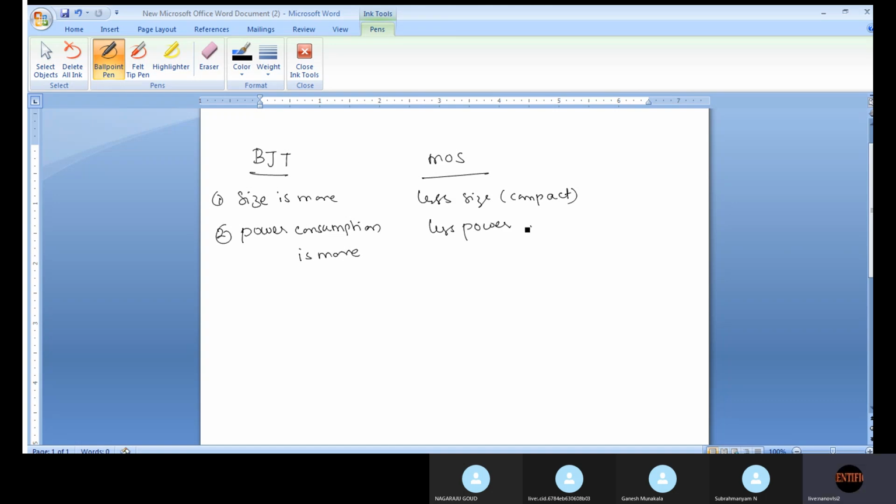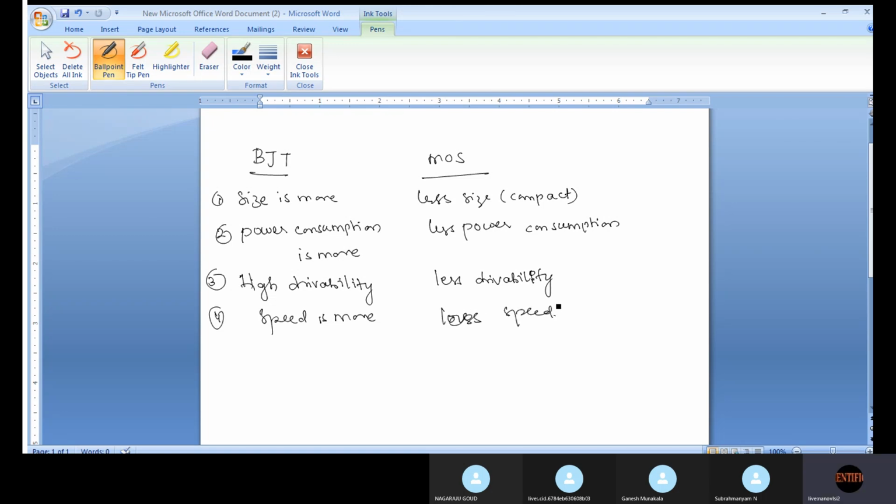The third one is drivability. BJT has high drivability, MOS has less drivability. And the speed is more in BJT, and less speed in MOS.